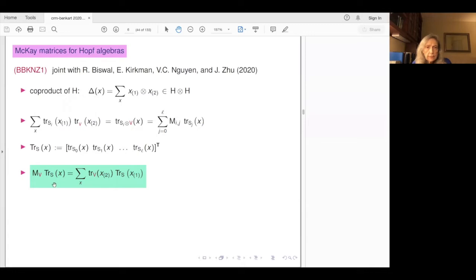So this left-hand side is coming from the right side up above, and the right side is coming from the left side above. If you think about it, this equation is an equation of a column vector on the left to a sum of column vectors on the right. And if you look at the ith coordinate of that column vector, you'll get the equation two lines above. So that's all that's going on there.